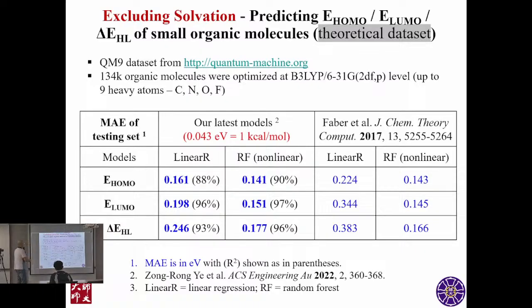So you can see here, when we do the linear regression, our error is 0.161 eV, okay? Converted to kcal, that would be 4 kcal. So we have a 4 kcal error to predict the HOMO, related to oxidation potential.